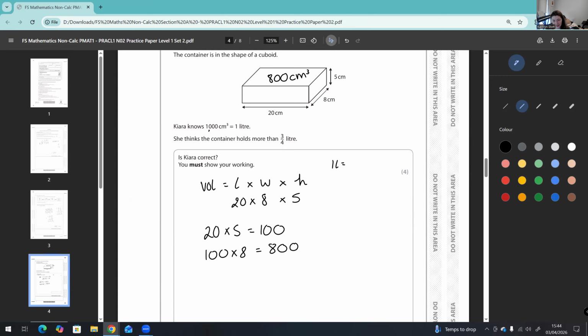So 1 litre is 1,000 cm3. Let's find 3/4. We're going to draw our bar model. So our whole number is 1,000. And we're going to split it into 4 because it's quarters. Here we go. So either you know off the top of your head that it's 250, or we can do it by the bus stop method.